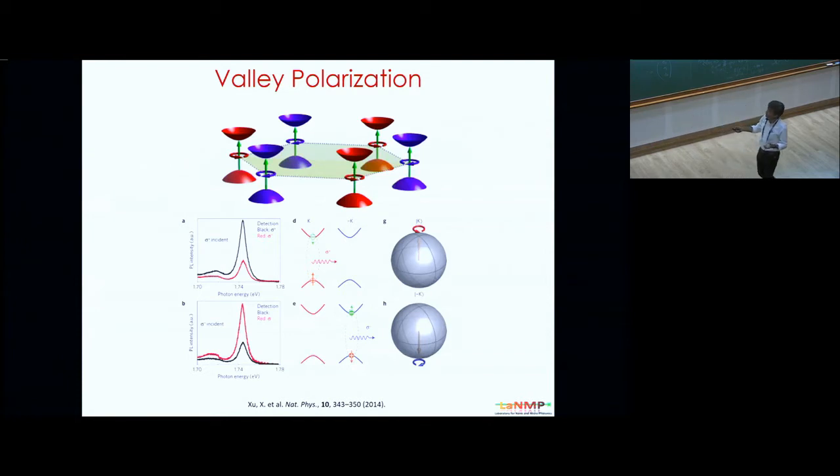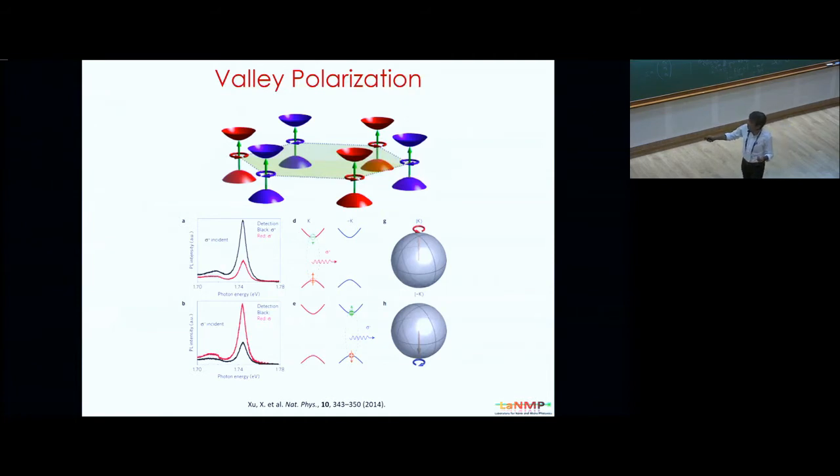In the TMDs, because the K and K prime points are not similar, and because you've broken the inversion symmetry in the system, the K and K prime points, which are the points where you have the direct band gap, have spin selections which are exact opposites. So I can shine right circularly polarized light and excite the K valley, and if I shine left circularly polarized light, I excite the K prime valley. So this is the idea that you can use an external light beam.